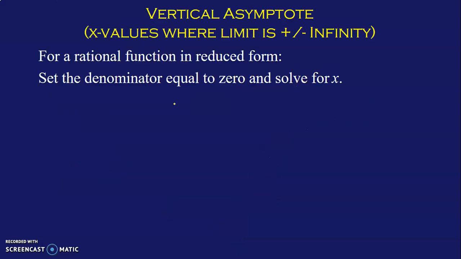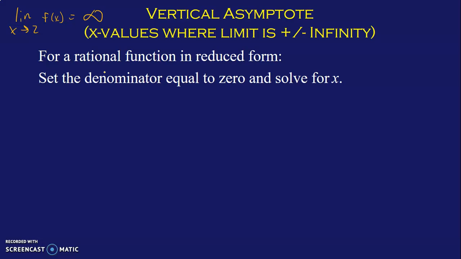All right. To find vertical asymptotes, and again, these are x values where the limit is positive or negative infinity. So for example, the limit as x approaches 2 of f of x equals infinity or negative infinity. If the limit is equal to infinity, that's going to tell you that you have a vertical asymptote in the graph.